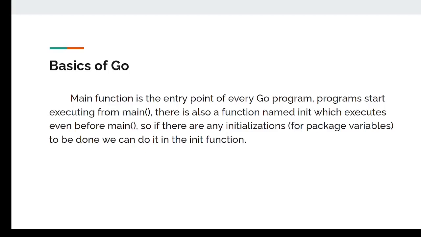Let's say a function calculates the sum of two integers. So that is a function. But the point here is that the program starts executing from main. So the main function is the entry point of the program.